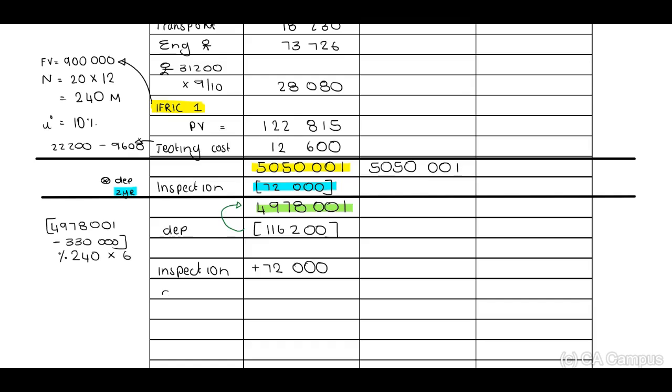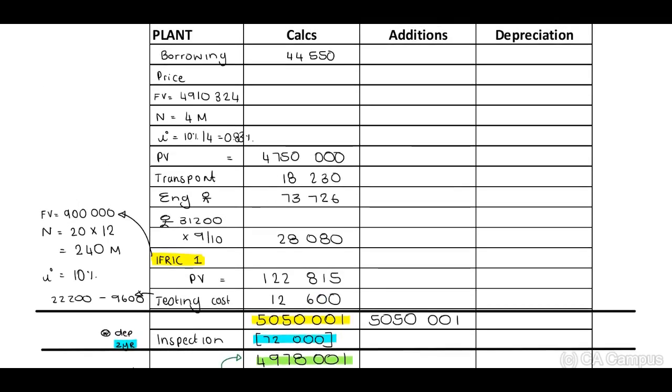And the depreciation in terms of my inspection will now be the 72,000 divided by the 2 years times 6/12. And the depreciation will be 18,000 Rand. Now you will identify that I've included a column for my depreciation on the right side.